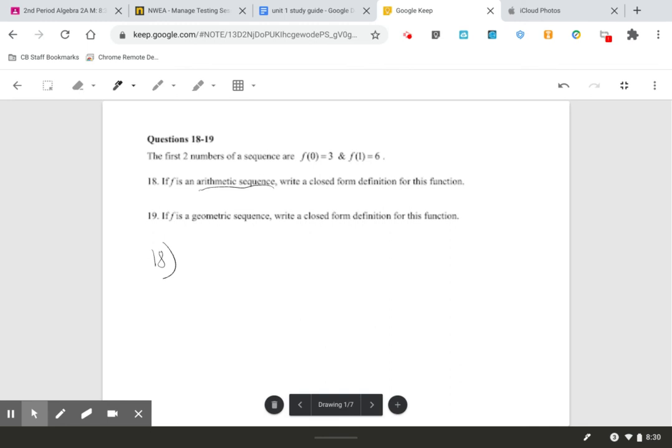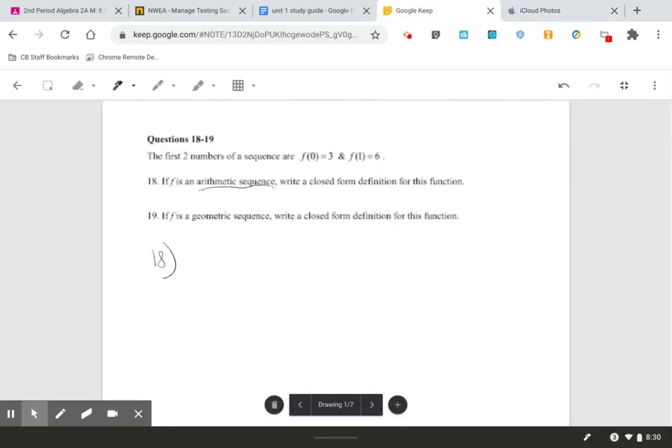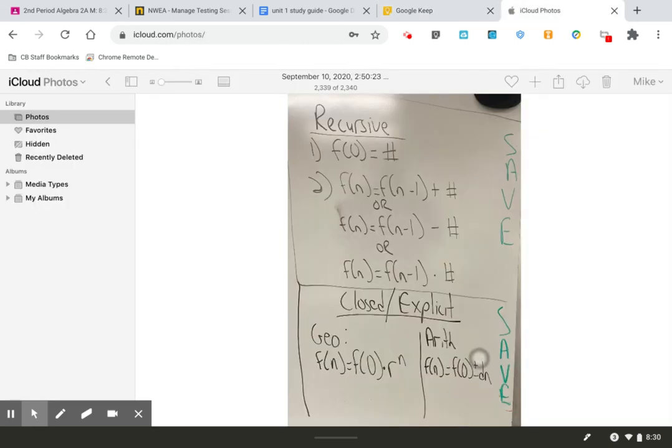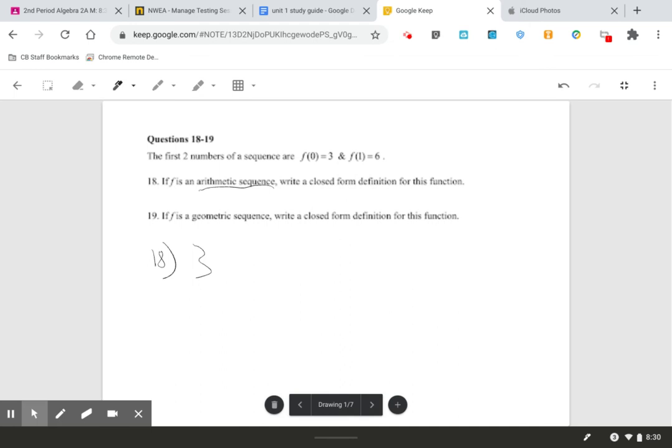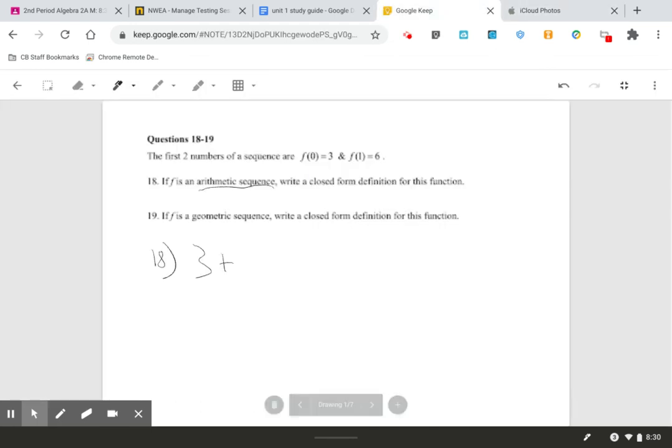So it would be 3, 6, 9, so on and so forth. So for arithmetic sequence, again, we'd use this one, closed. So f of 0 is 3. We're going to do plus because it's an increasing sequence. And d is our common difference. My common difference would also have to be 3. So 3 plus 3n.